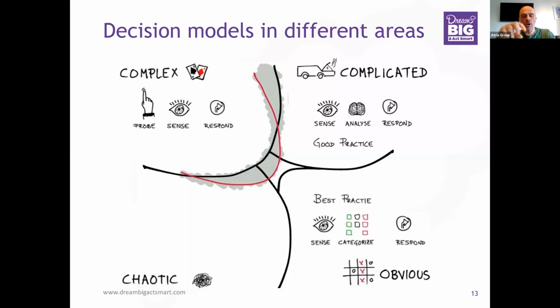So probe on a smaller sample, sense, see what the results are, and respond to that. This is what some countries are doing right now. They try something, they create the experience with the corona thing, and then they change their strategy.